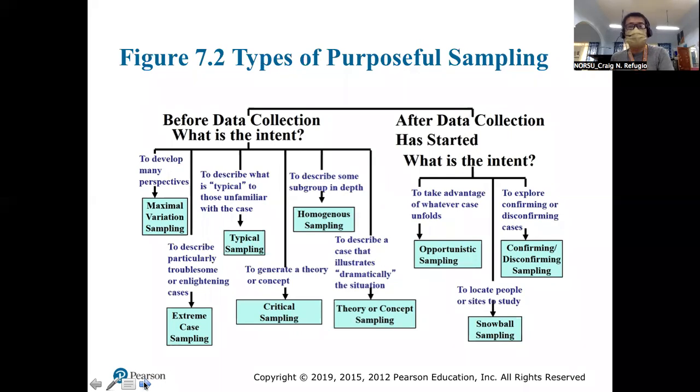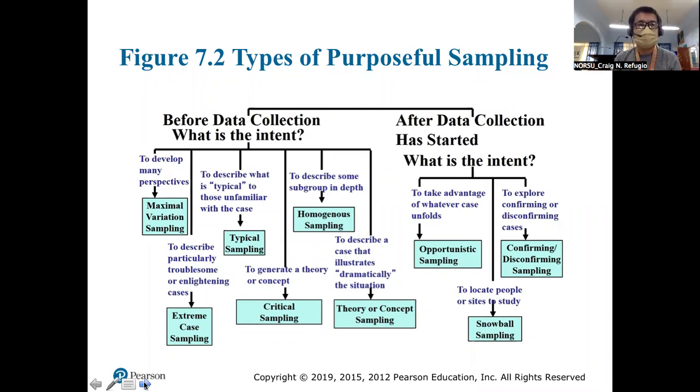Before data collection, what is the intent? So before the data collection, you are going to have that in mind. What is the intent? After the data collection has already started, what is the intent? So there are two classifications. If you look at the diagram, there are two at the very beginning on top of the diagram, before data collection and after data collection. So before the data collection, what is the intent?